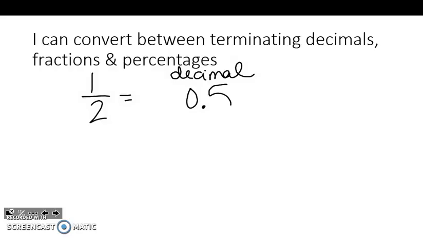All right, if we have a fraction, let's say 1 over 2, if we type in 1 divided by 2, that's going to get us the decimal. We've been doing that the last couple days, so that's pretty easy. So the decimal of 1/2 is 0.5.